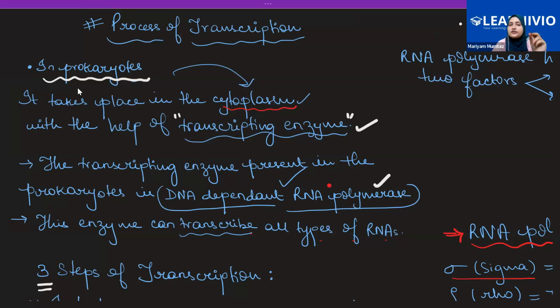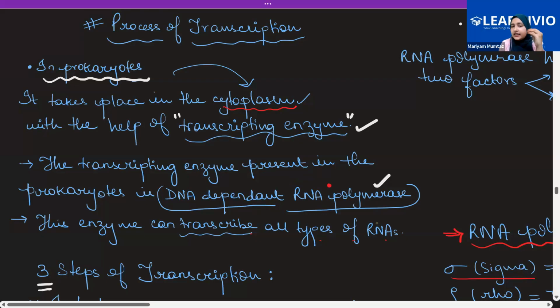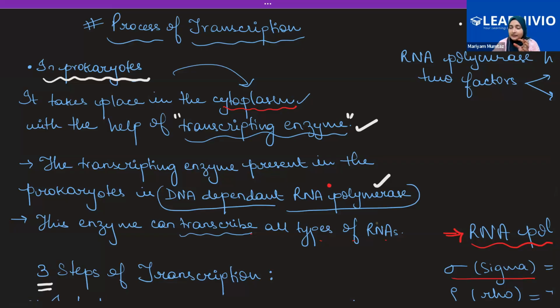For transcription, there is a special enzyme that we call the transcripting enzyme. In prokaryotes, we call it DNA-dependent RNA polymerase. Why DNA-dependent? Because it will take the DNA molecule and upon that it will synthesize the RNA. That is why we call this enzyme DNA-dependent RNA polymerase. Understood?